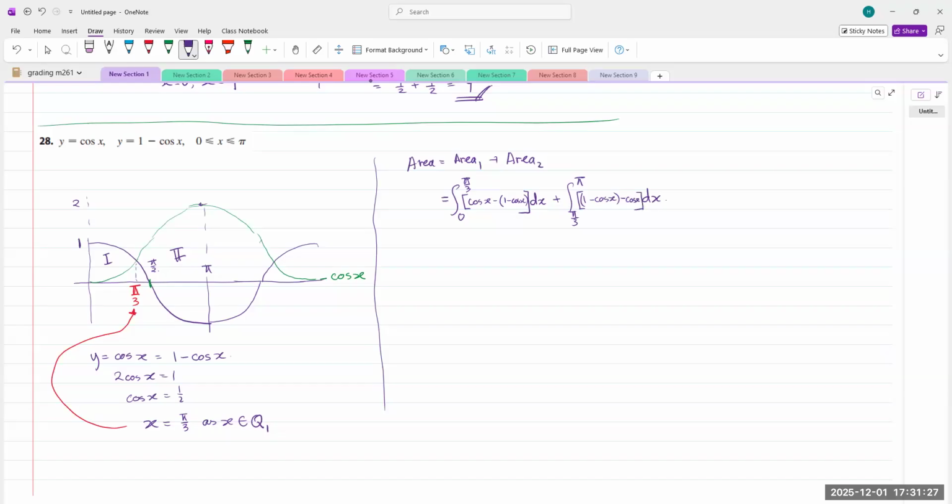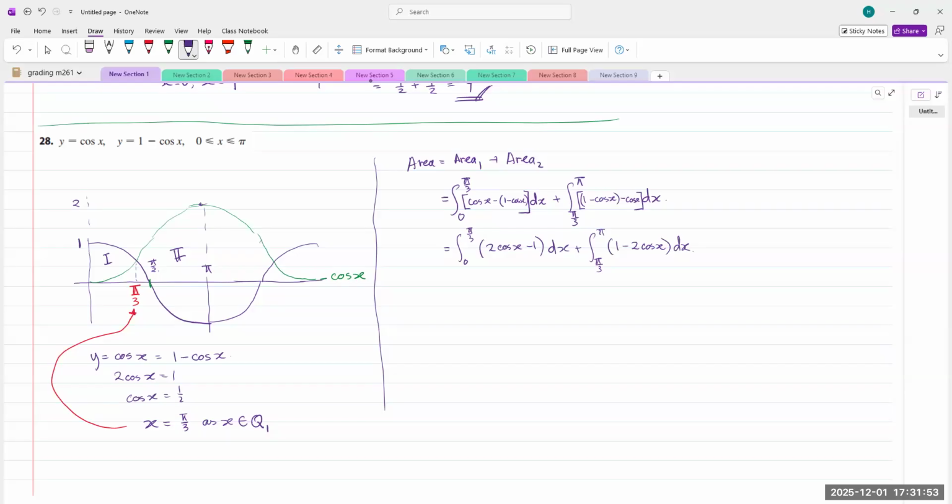Next, I will simplify as usual. This is integral of 2 cosine x minus 1 dx plus integral from pi over 3 to pi of 1 minus 2 cosine x dx. Now that's the setup.